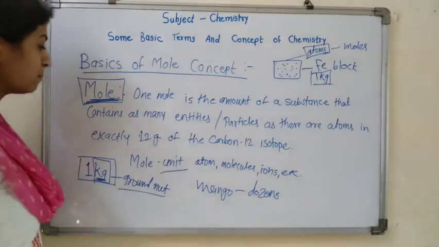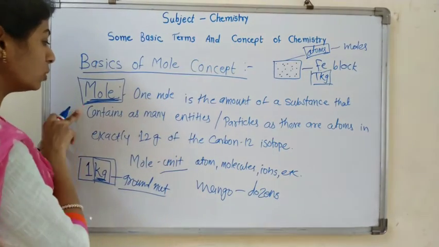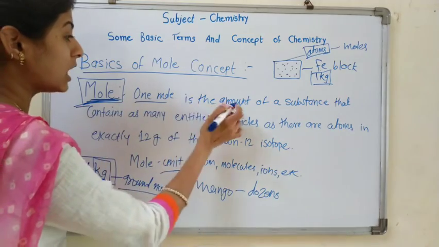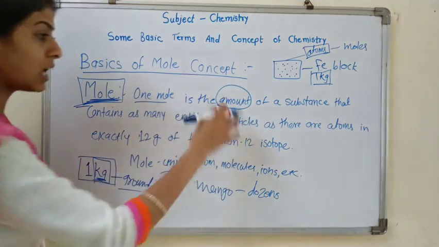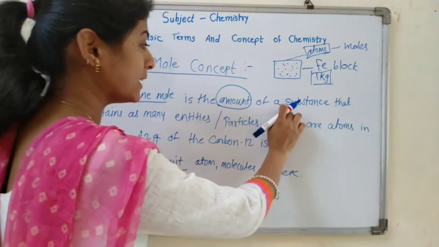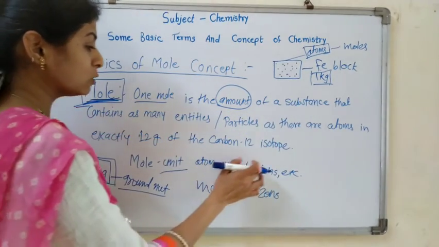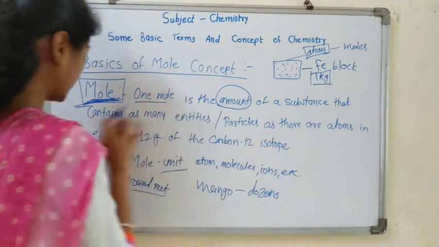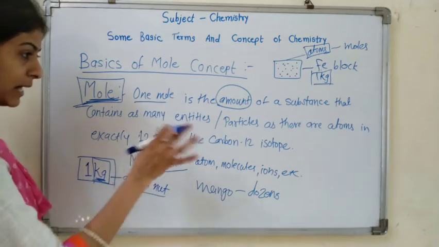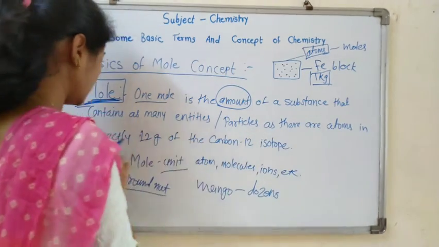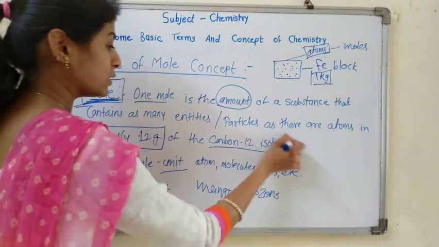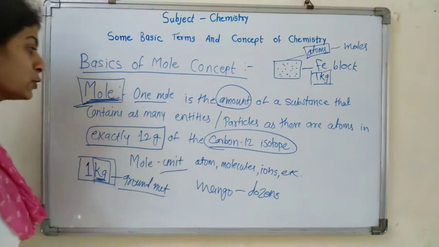Now, what is the perfect definition of mole? 1 mole is the amount of a substance, these submicroscopic particles, that is atoms, molecules, ions, electrons, that contains as many entities or particles as there are atoms in exactly 12 gram of the C12 isotope, that is carbon 12 isotope.